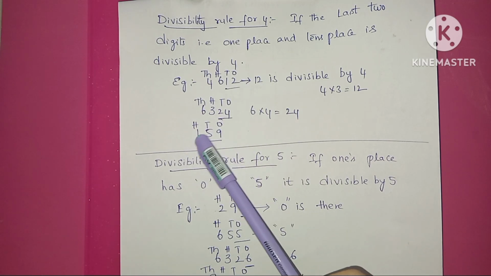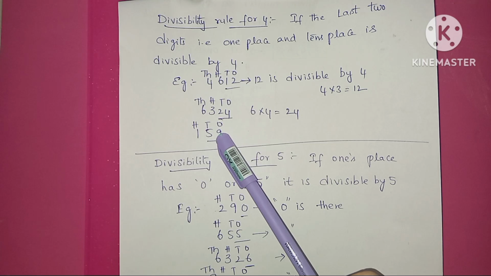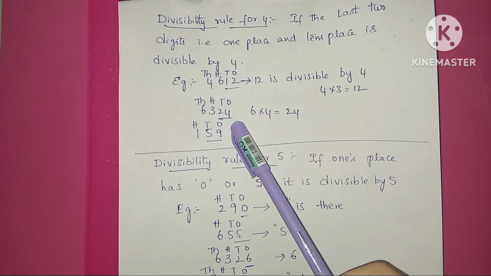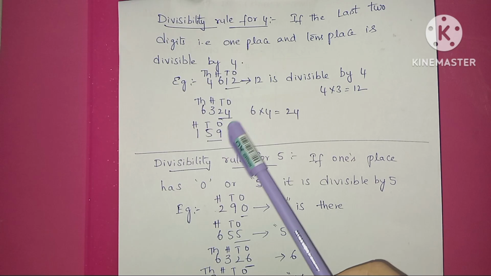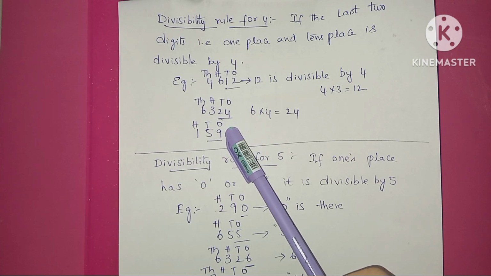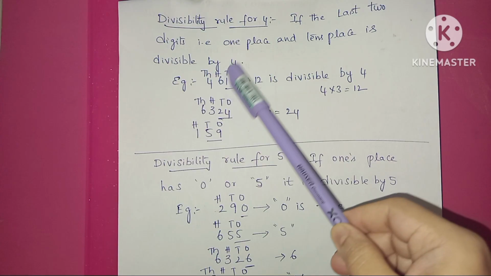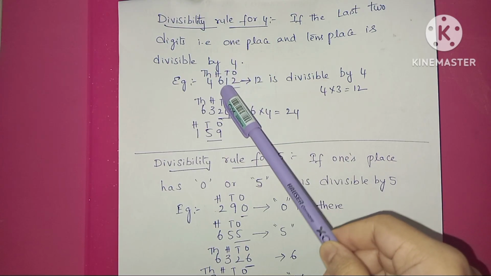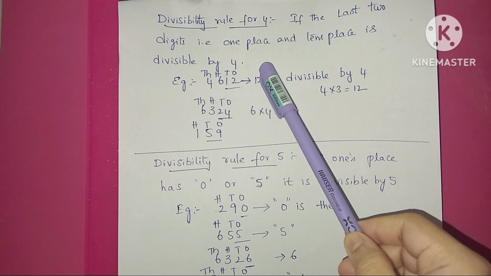And another example, 159, this 59 is not in the fourth table, so it is not divisible by 4. So if the two digits, that is ones place and tens place, are there in the fourth table, it is considered to be divisible by 4.